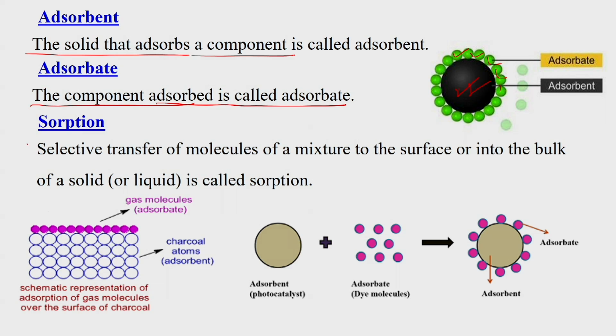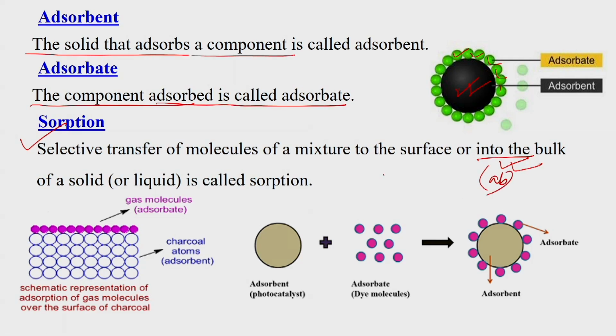Now, another terminology we should learn is sorption. It is the selective transfer of the molecules of a mixture to the surface or into the bulk of the solid. Whenever we discussed the absorption process, we discussed that the target component, or a mixture of target components, enters into the bulk.